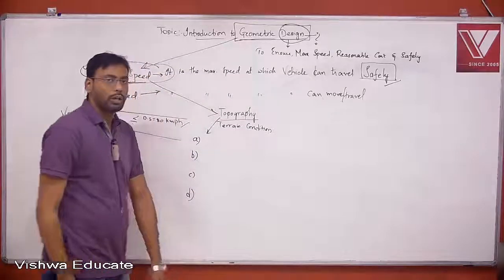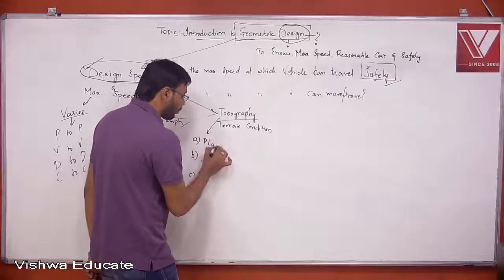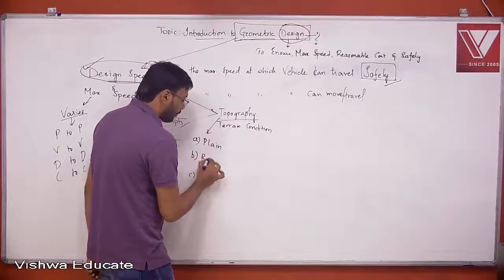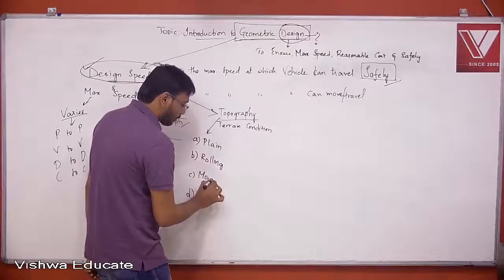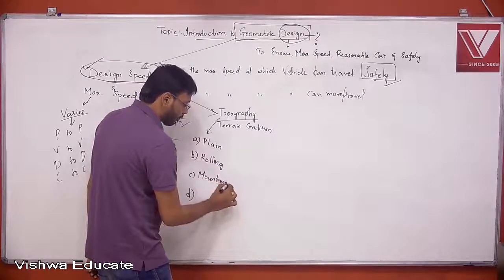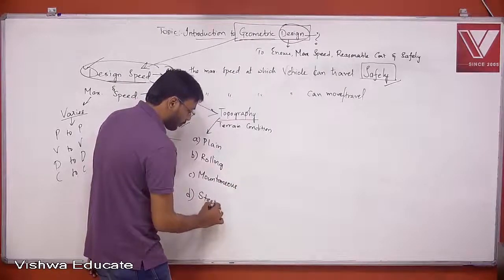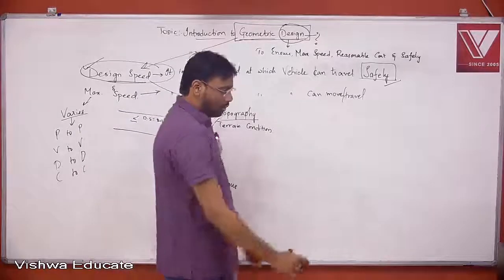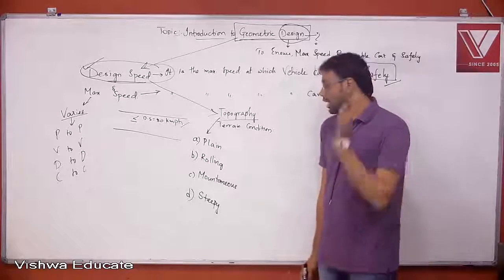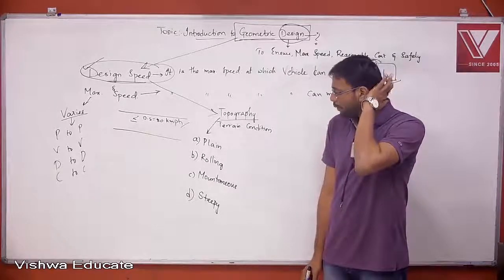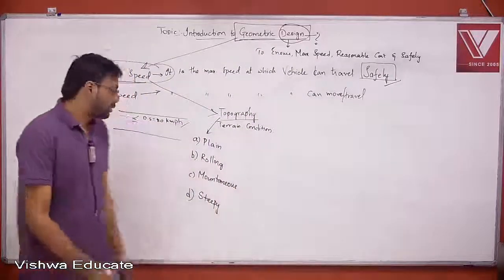A very important one which will be coming for us: plain, rolling, mountainous, and steepy terrain. So that is how topography is defined as per the four categories: plain, rolling, mountainous, and steepy terrain.